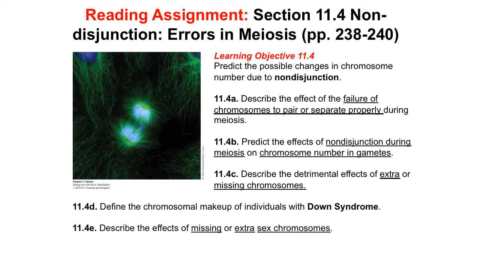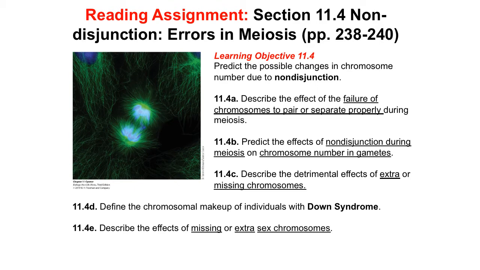The main learning objective for 11.4 is for the student to predict the possible changes in chromosome number due to non-disjunction. So the main effect of non-disjunction are alterations in chromosome number, and your objective, therefore, is to learn how this happens. The sub-objectives: first, describe the effect of the failure of chromosomes to pair or separate properly during meiosis.